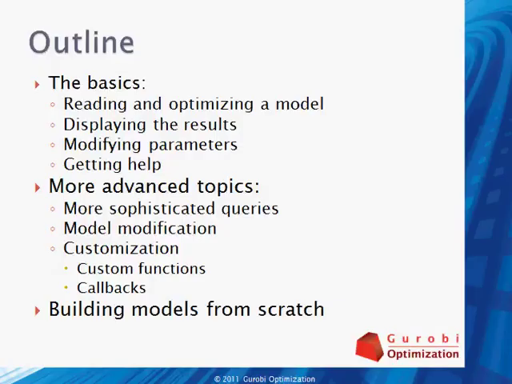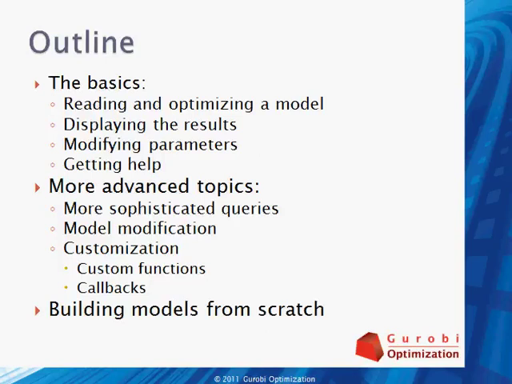Here's a brief outline of what I'll be presenting. As I mentioned, I'll start this video with an overview of some of the more common, more basic things you're likely to want to do from within the Gurobi Interactive Shell. For example, I'll show you how to read a model from a file, optimize the model, display the optimization results.